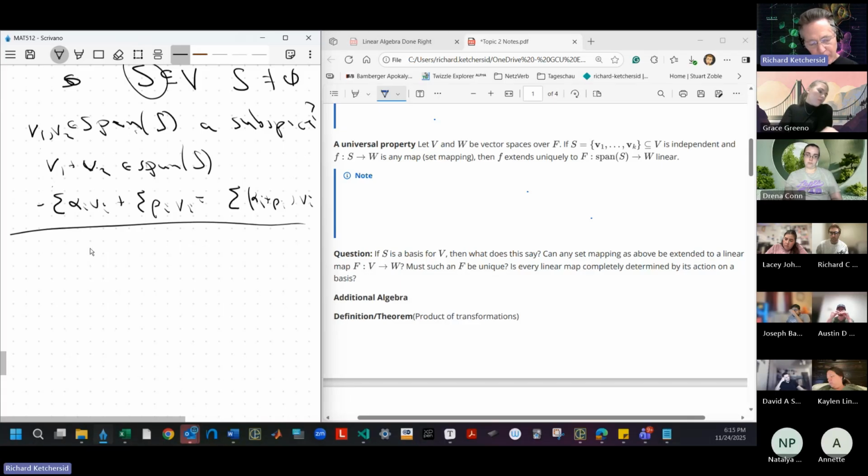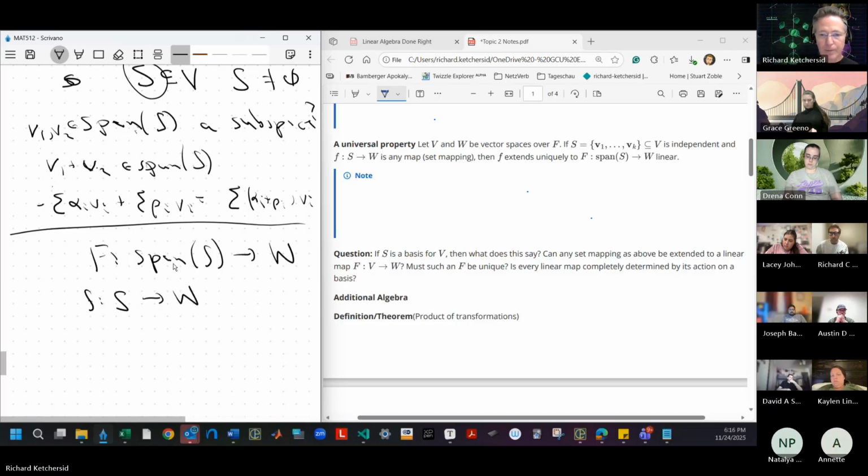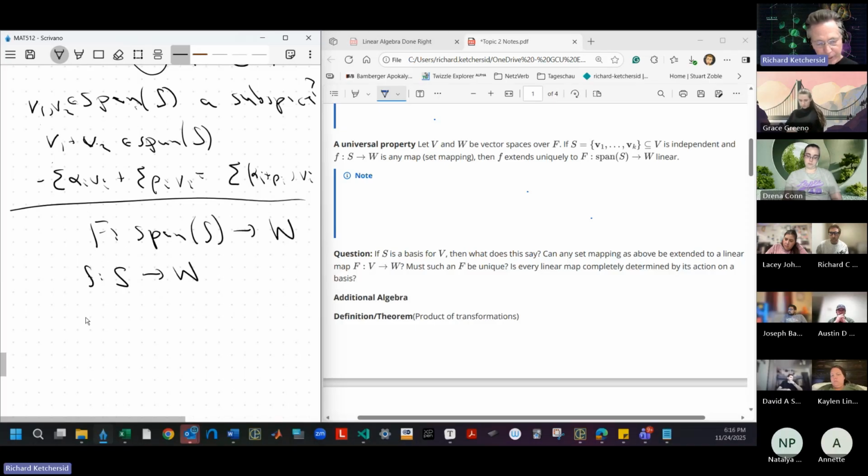Okay. So if I wanted to find a map going from the span of S into W, right? Remember, all I have is this little map going from S to W. How can I do it? How can I define f of summation alpha i vi, given that all I know is how to find f of vi?